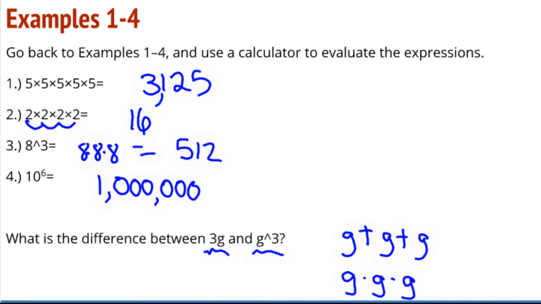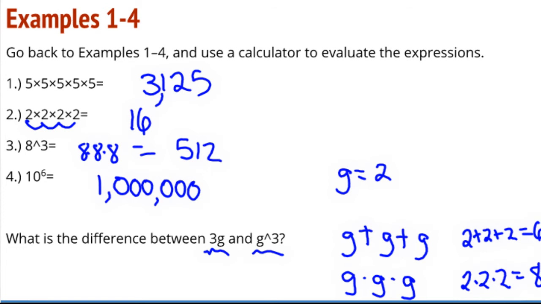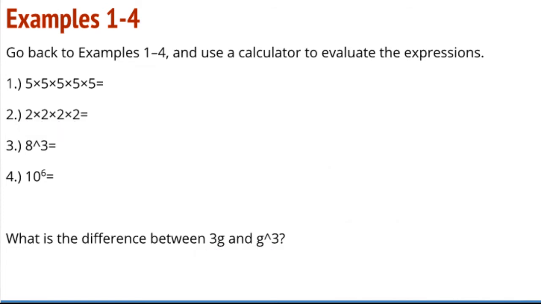And let's say that I picked 2 for the value of g. Well, this would be 2 plus 2 plus 2, which would give me 6. This would be 2 times 2 times 2. 2 times 2 is 4, times 2 more is 8. So they are definitely not the same.